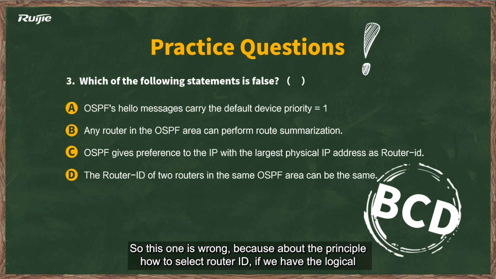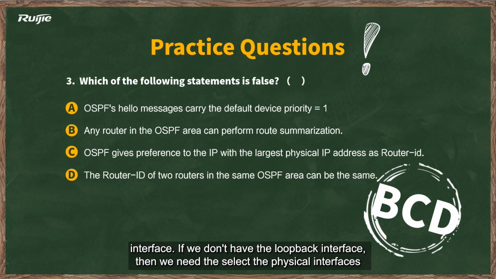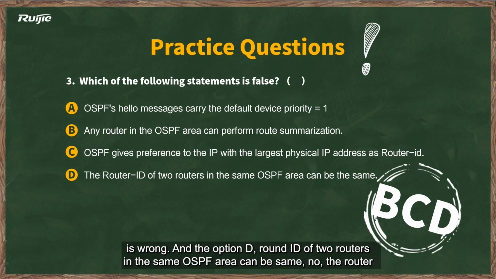If we have a logical interface, a loopback interface, we choose the largest IP address of a loopback interface. If we don't have a loopback interface, then we select the largest physical IP address, but we need an active interface, right? So option C is wrong.